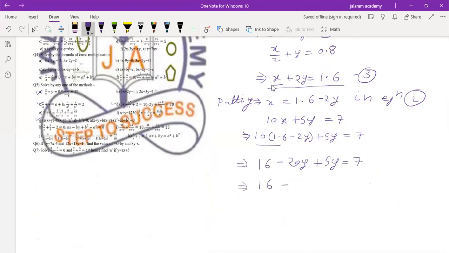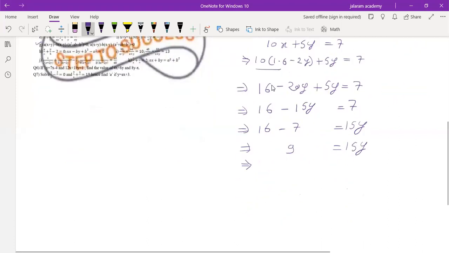It implies 16 minus 15y equals to 7. It implies 16 minus 7 equals to 15y. It implies 9 equals to 15y. It implies 9 by 15 equals to y.